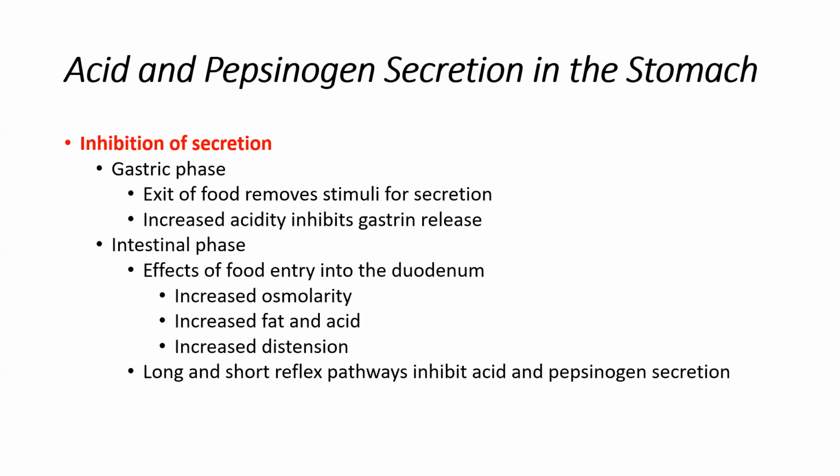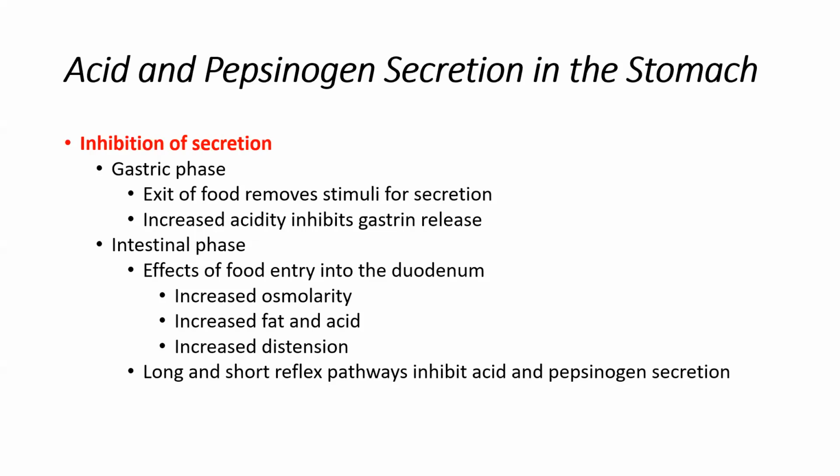In terms of the intestinal phase, the movement of food down into the duodenum is going to start inhibiting the secretion, as well as excess or increased osmolarity, excess fats and acid, or excess distension.